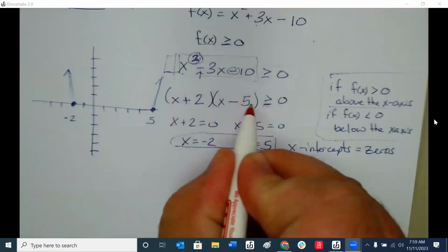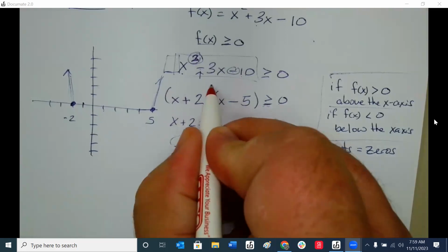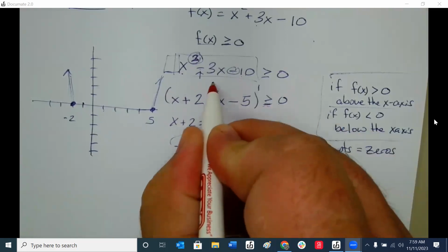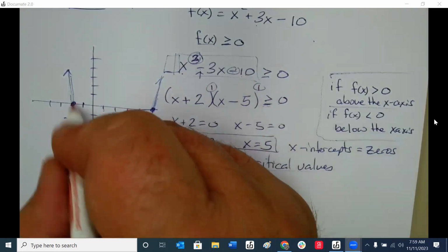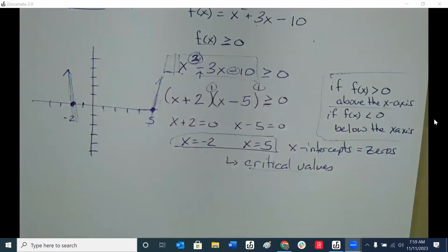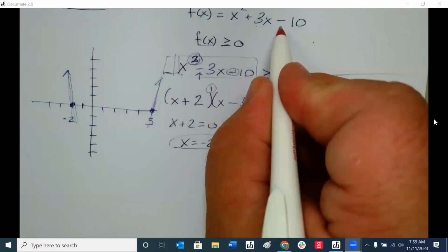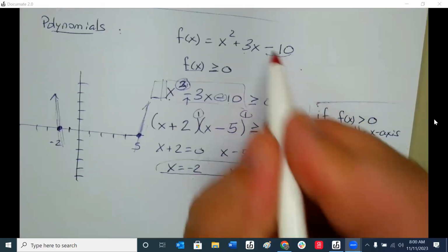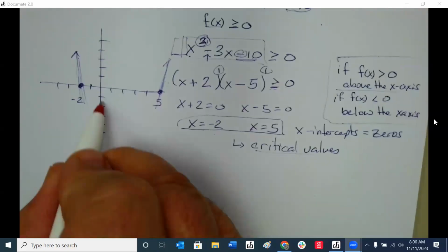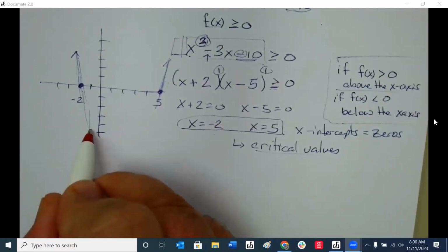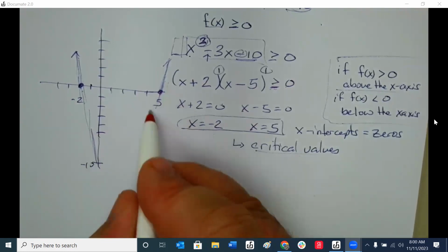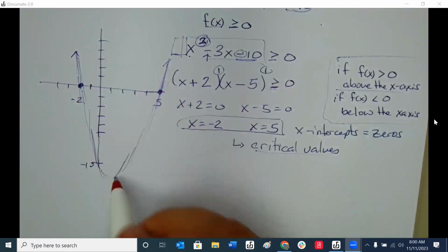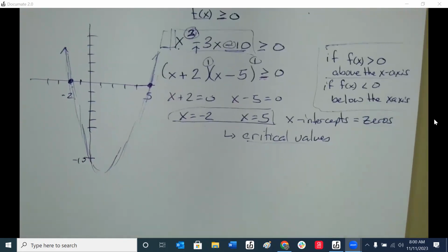Another thing we learned is, since we factored this out, since the multiplicities are odd, it crosses at those points. If it was even, it would bounce off those points. We also know that we have a y-intercept at -10, all the way down here. So that's what our graph looks like.